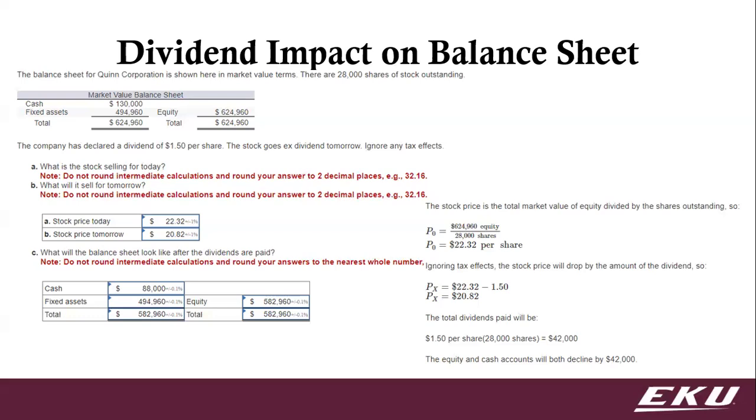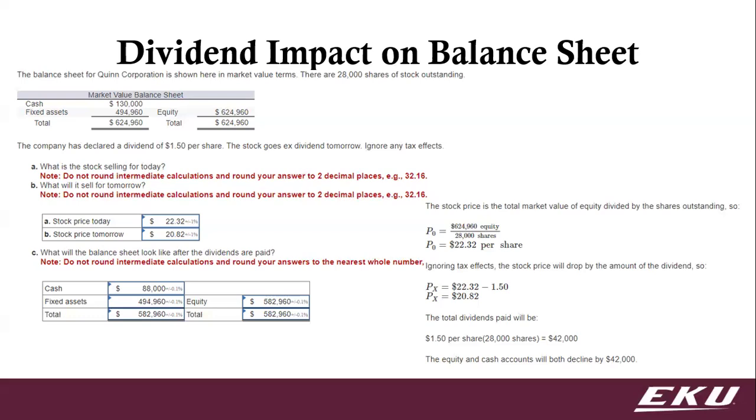How will the balance sheet look after it's paid? Well, obviously, I'm paying out this money, right? So it's $1.50 times 28,000 shares, that's $42,000. So cash will go down by 42,000.